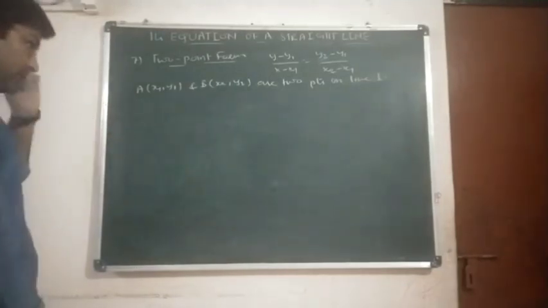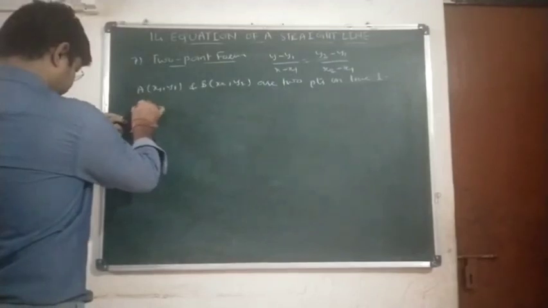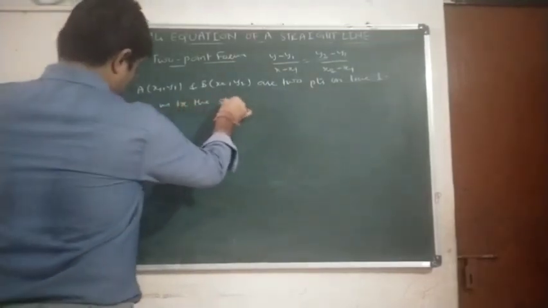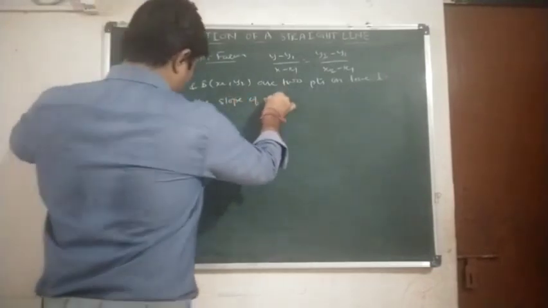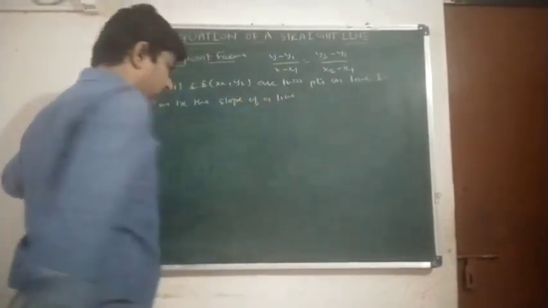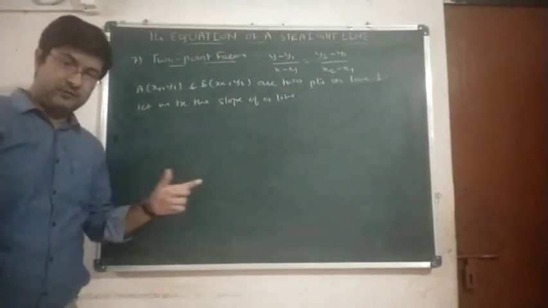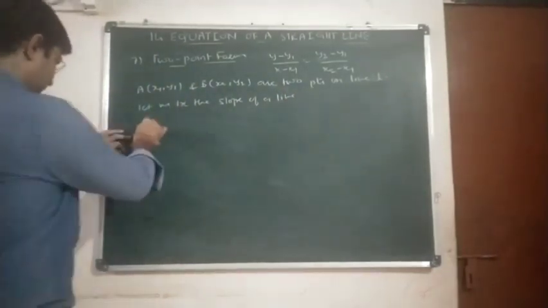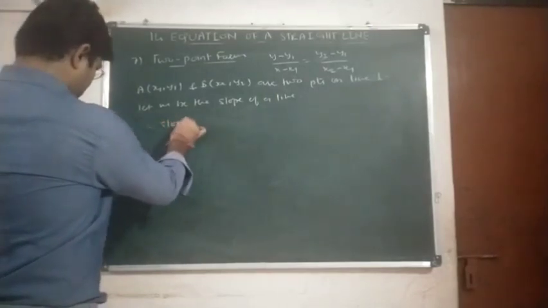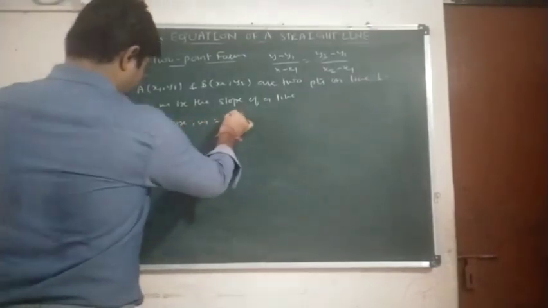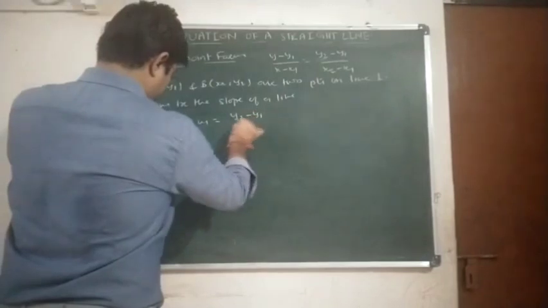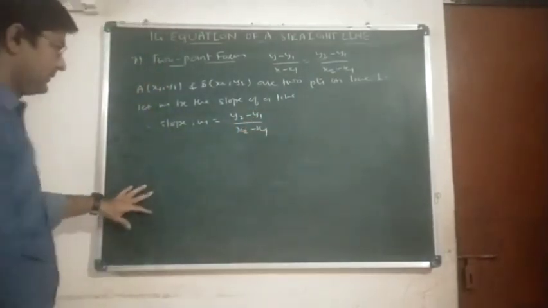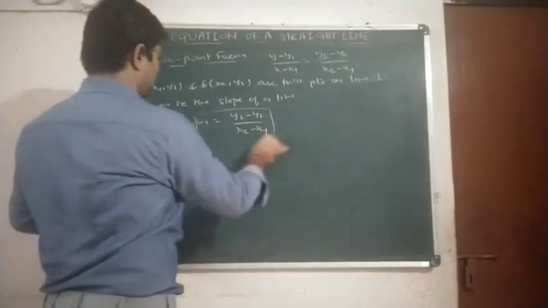Let m be the slope of the line. Now whenever you are given the coordinates of the 2 points, we can calculate the slope m. Therefore slope m is equal to y2 minus y1 upon x2 minus x1. This is equation 1.